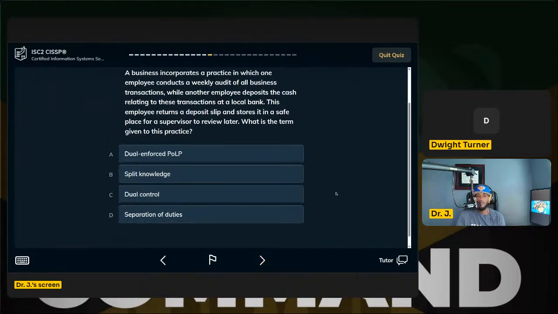All right. A business incorporates a practice in which one employee conducts a weekly audit of all business transactions while another employee deposits the cash relating to these transactions at a local bank. This employee returns a deposit slip and stores it in a safe place for a supervisor to review later. What is the term given to this practice?